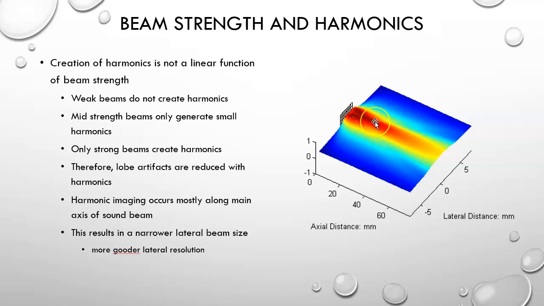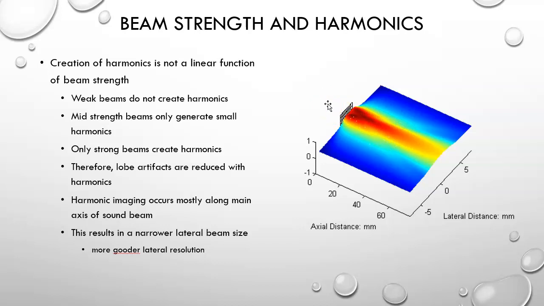We know that it is strongest in the center than it is on the outside. But harmonics are only created by strong beam signals, so they only appear in the center of the beam. So harmonics will only appear in the main axis of the beam.